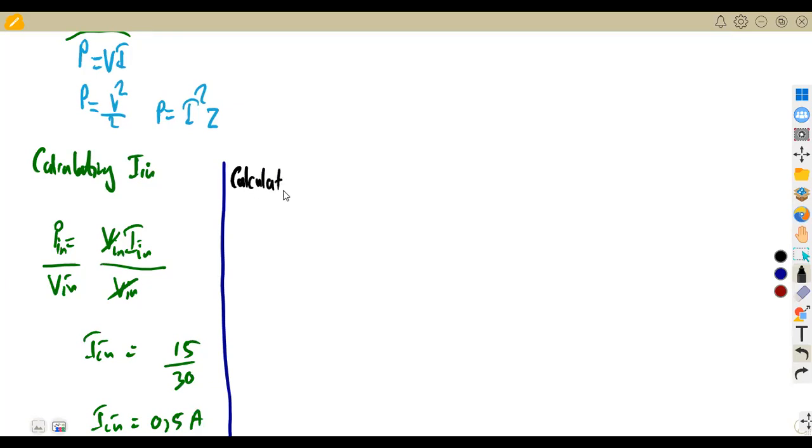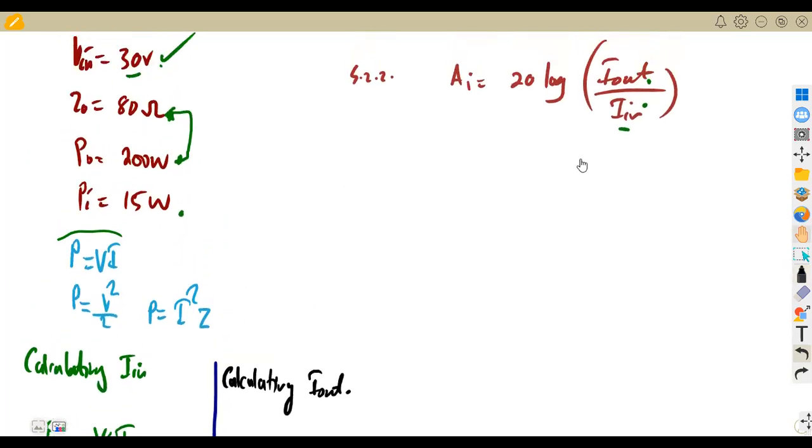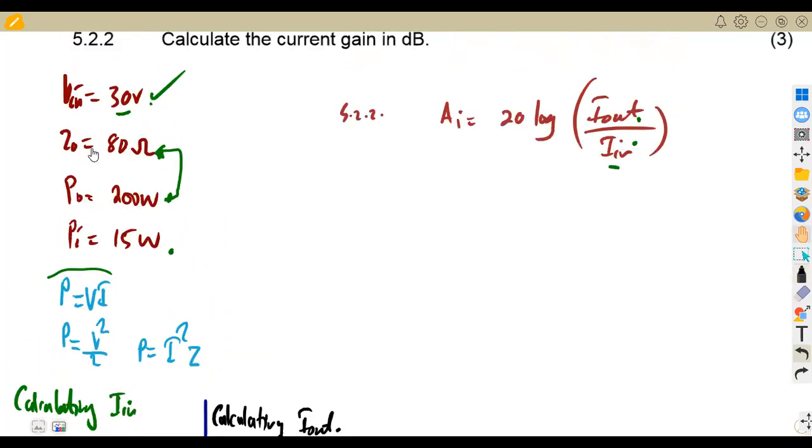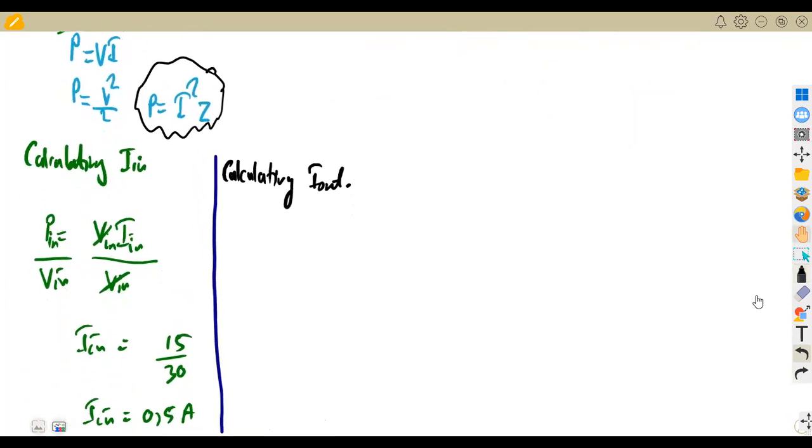Calculating the output current. What are we given at the output? We are given impedance and power. How do we calculate current given impedance and power? The best formula is power equal to I squared times impedance.